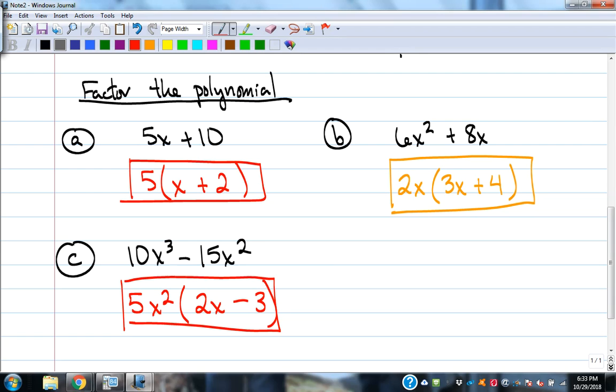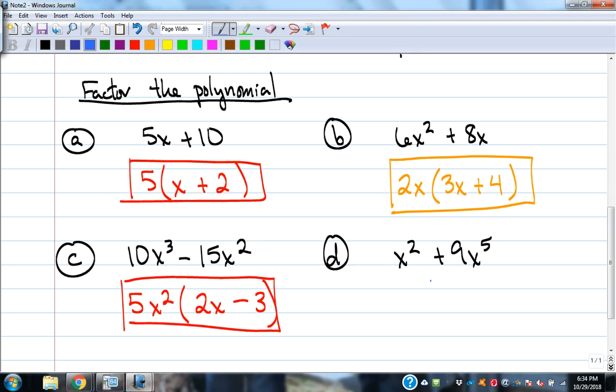All right, this one: x squared plus 9x to the fifth. Is it in the right order?